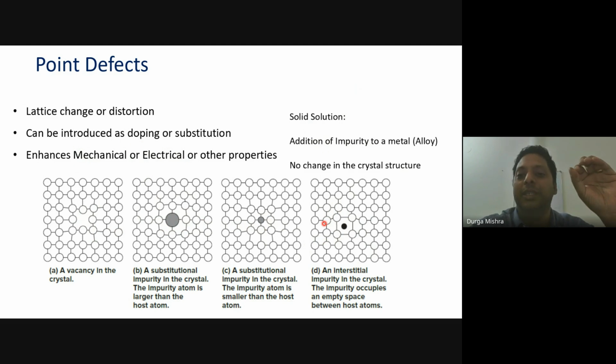That's why we call it a solid solution. You add a foreign atom and it goes into the parent solvent, so to say, occupies some position there, and becomes part of that solid. And by doing that, you don't change the crystal structure, as I mentioned.